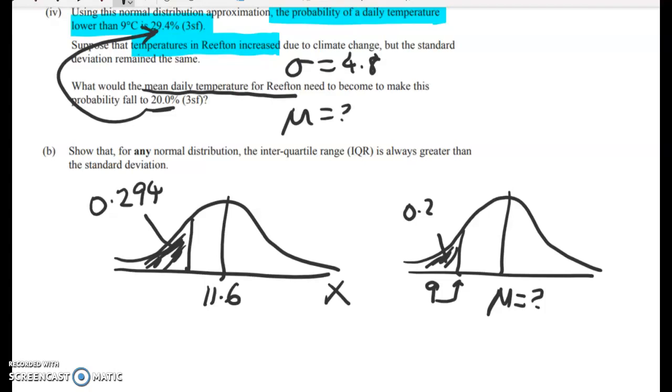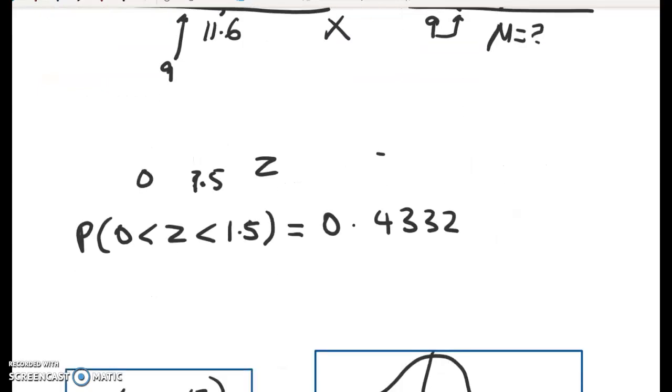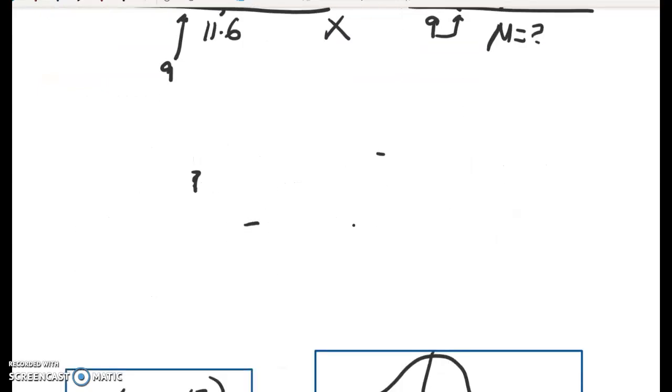So like every normal distribution problem, this collapses down into finding a z value. At the moment, we know that 29.4% of the time, the temperature is below 9. So we can go and figure out what z value matches up to that. So we're going to draw the z picture.